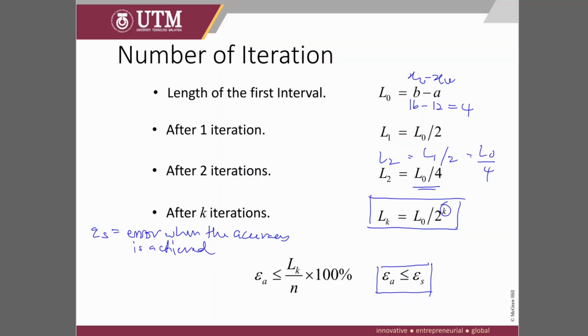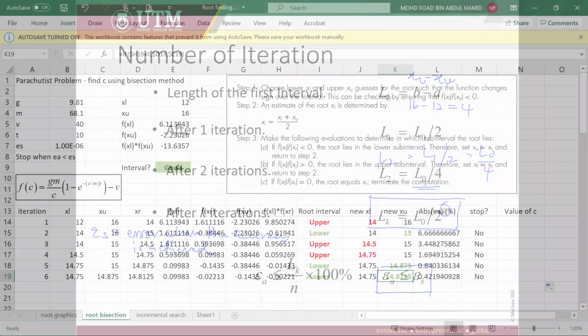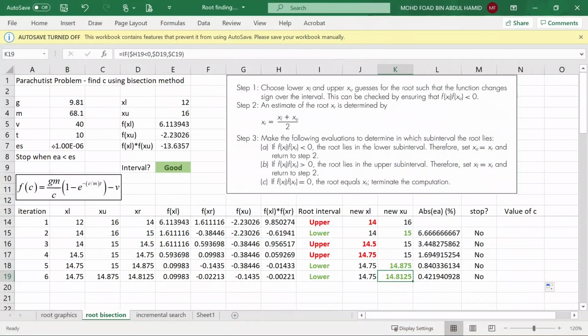In our case, our epsilon S is equal to 10 to the minus 6.